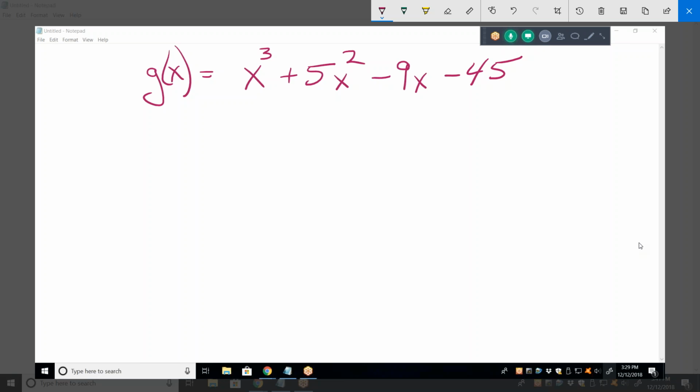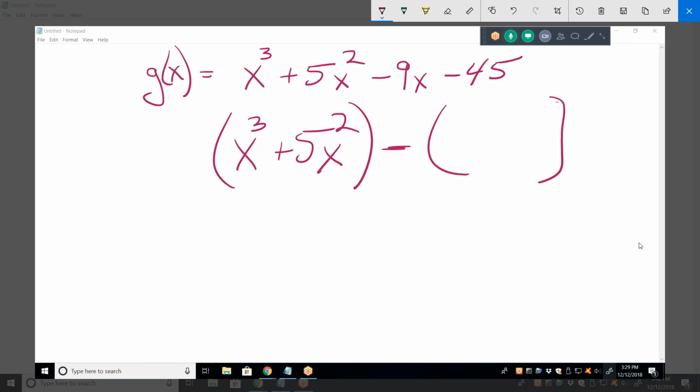By grouping, I mean I'm going to group the x cubed and the x squared term together, and then I'm going to group the last two terms together. I want you to do this because it gets a little tricky. By grouping them, I mean I'm going to put parentheses around them. What goes in that second set of parentheses?